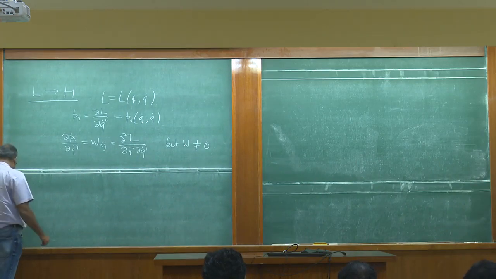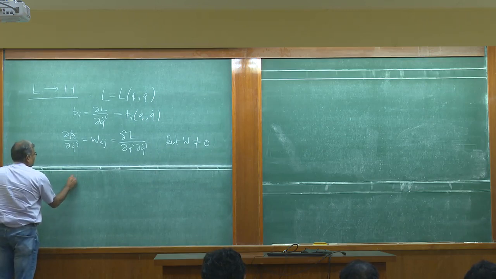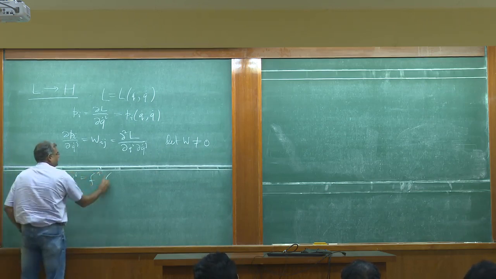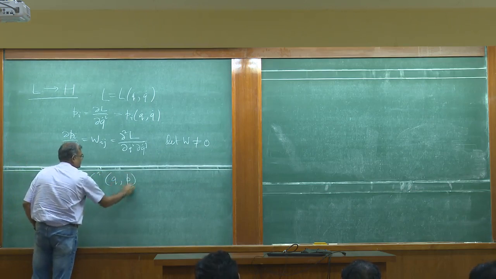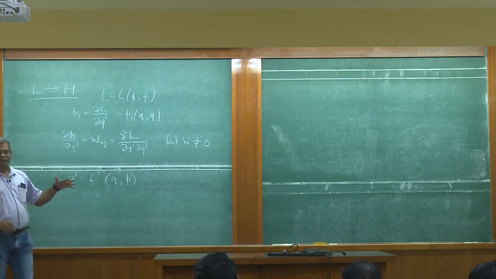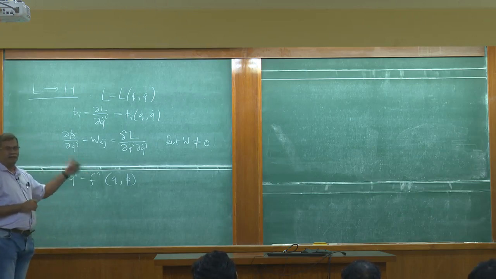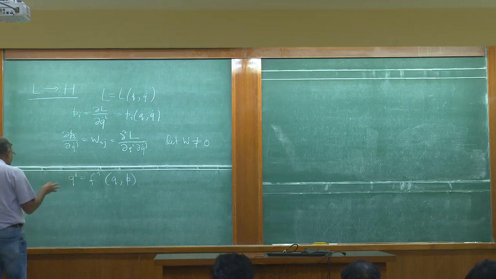Okay, and now this means that I should be able to write q_i dot as some function of q and p. Now this is what is going to fail, at least this is not something we are going to get always when we have a singular system, at least not for all the velocities.